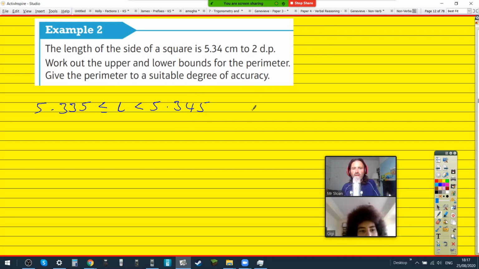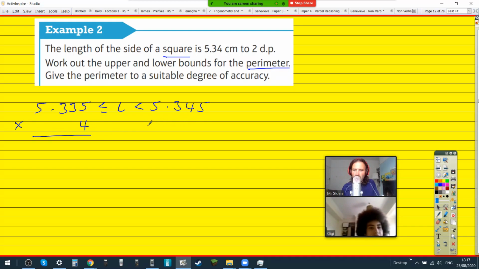Okay, so they didn't want the length, they wanted the perimeter of the square. The perimeter. So it would be times by 4. Yeah, and this is calculated.